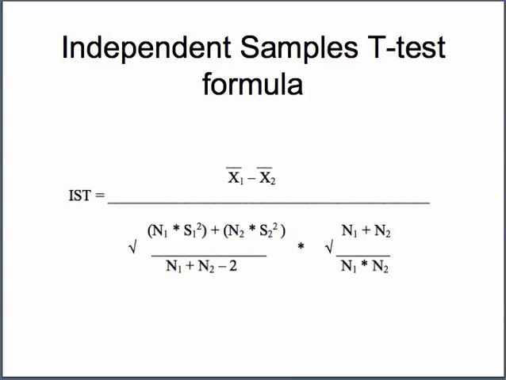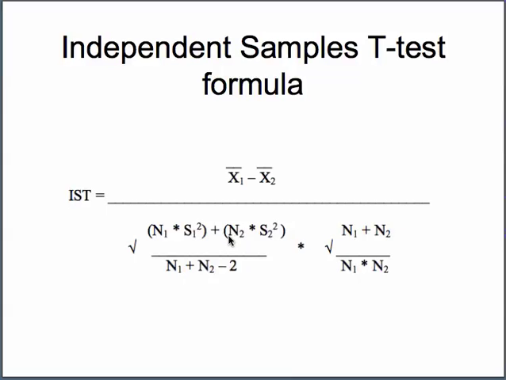The denominator is more complex. On the left-hand side of the denominator, the first operation is to take the number of cases in the first independent sample and multiply that number by the standard deviation of the first independent sample squared.